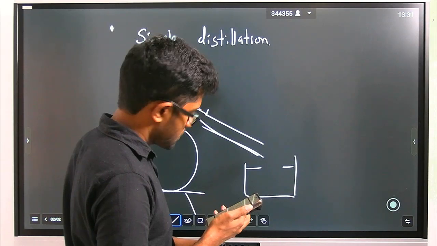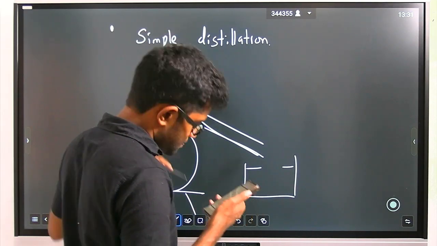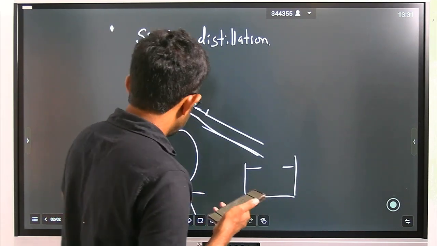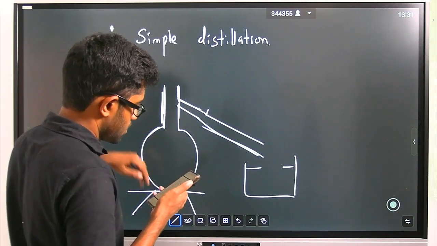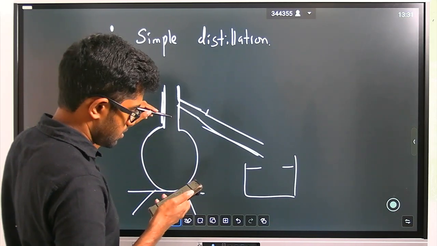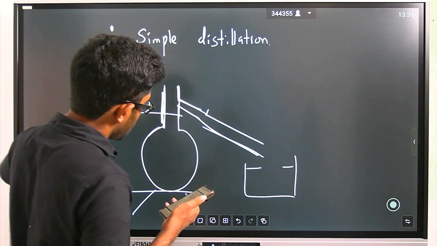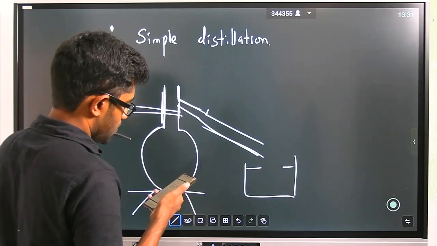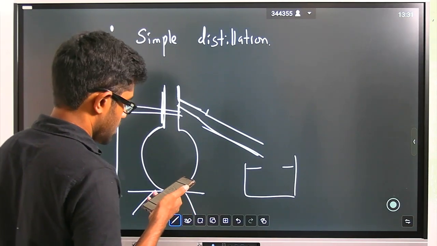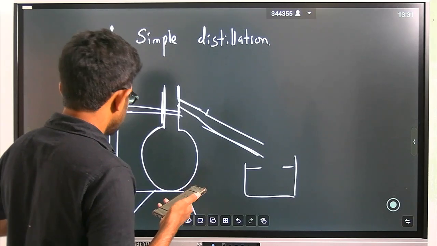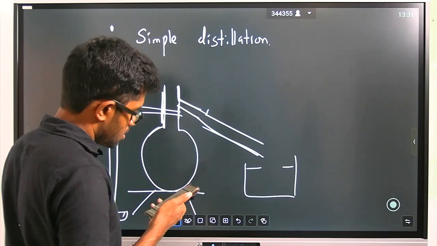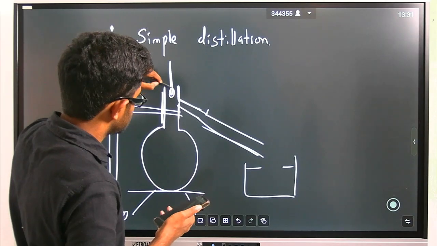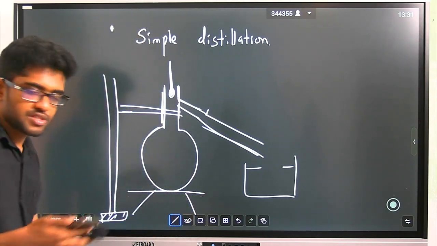Generally, the water container or the sample in this container can be clamped using a clamp and a ring stand, also known as a supporter. And you have the thermometer. This is just a rough sketch.